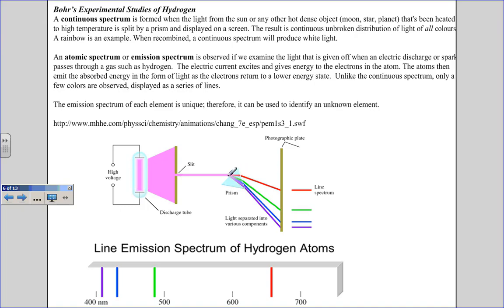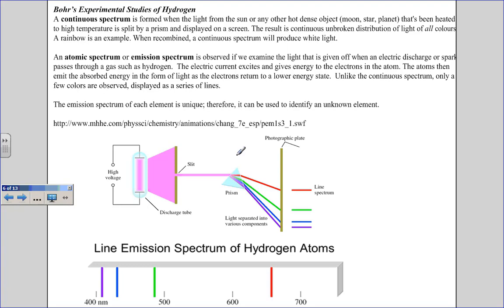When the light passed through the prism, what the prism did was it separated the light into its fundamental colors. So this purple that we see isn't a fundamental color, but the prism diffracts it and it allows it to separate into its fundamental colors. So this purple light that you see is actually a blend of some red, some green, some blue, and some purple.